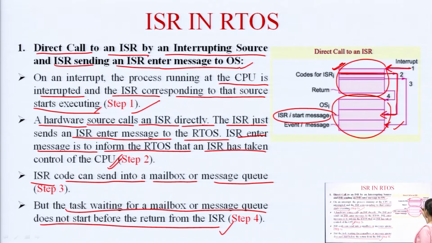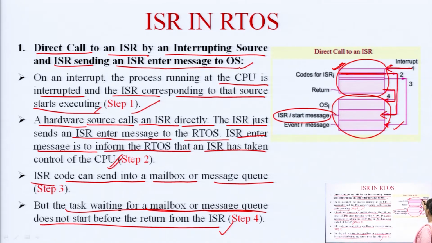So, this is the fourth step. Only after returning from the ISR, the tasks which are waiting for the mailbox or message queues will be started, otherwise the main interrupt service routine will be executed first. So, this is the whole scenario of this type of answering, that is a direct call to the ISR. First of all, this is the ISR, this is the operating system.